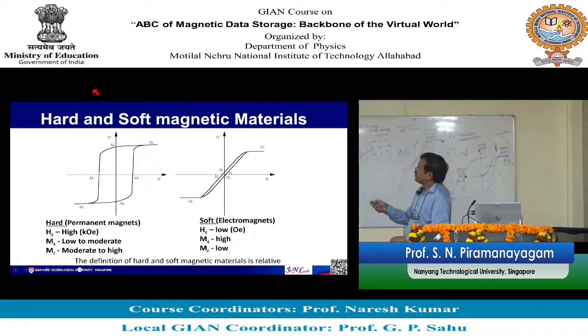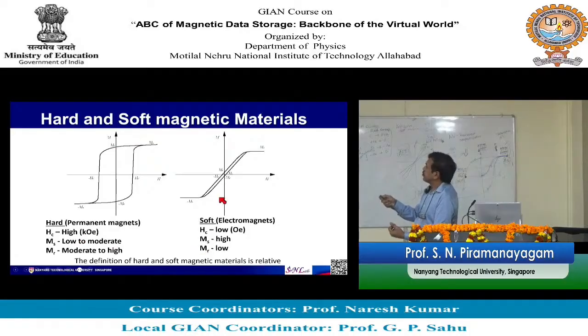Usually the soft magnetic materials will have high saturation magnetization, and hard magnetic materials will have low or moderate saturation magnetization. But if you look at the MR, the remnant magnetization is usually high for permanent magnets, hard magnets.